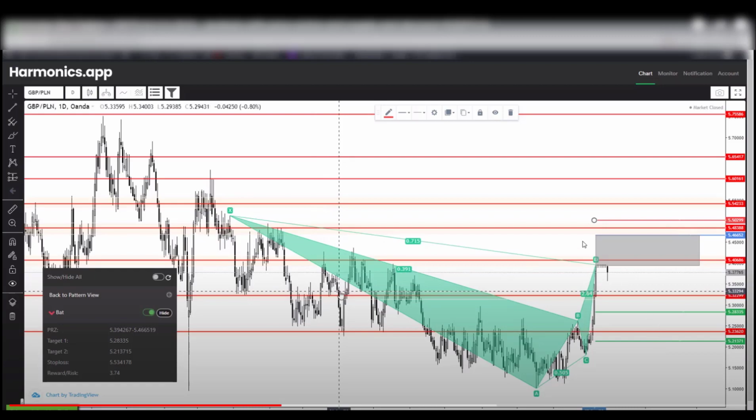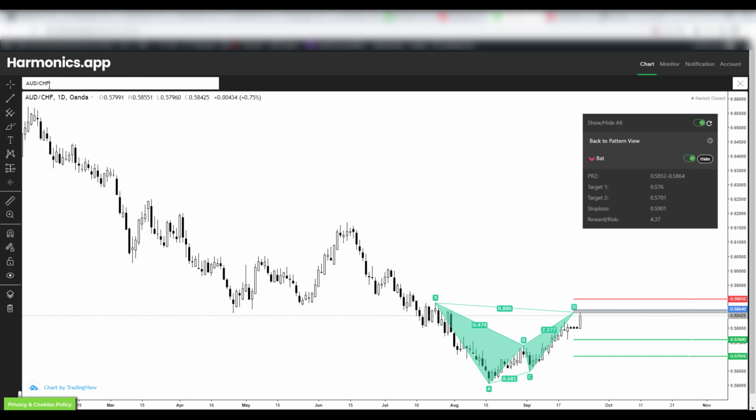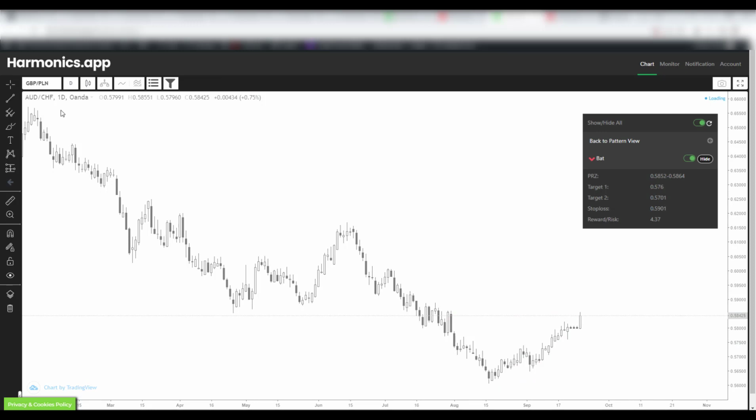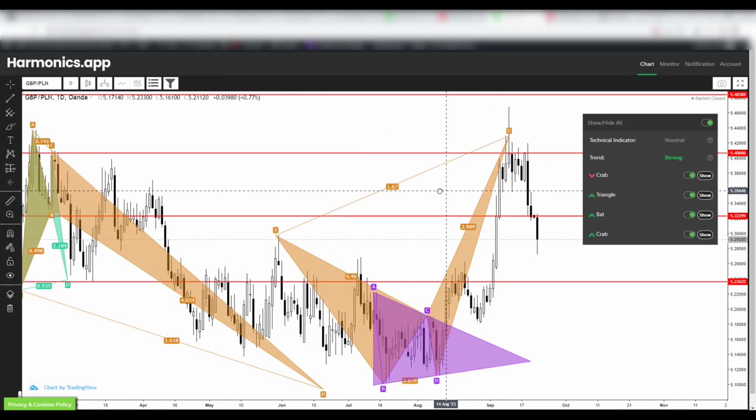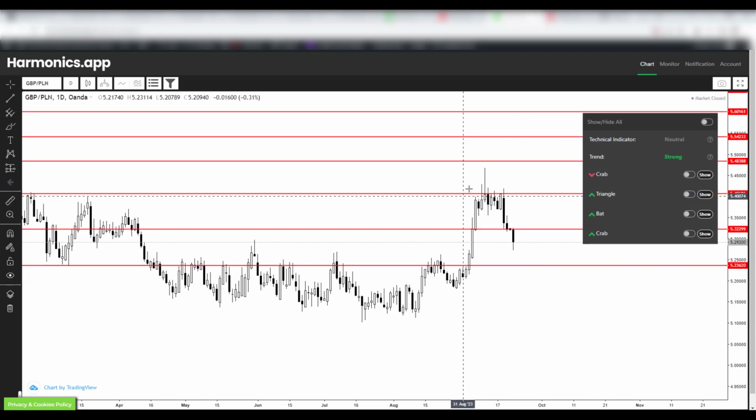So if we go to the scanner and see how this looks right now, GBP PLN, you will see that the price is following this scenario. The price has reversed back down and has already reached the first take profit.